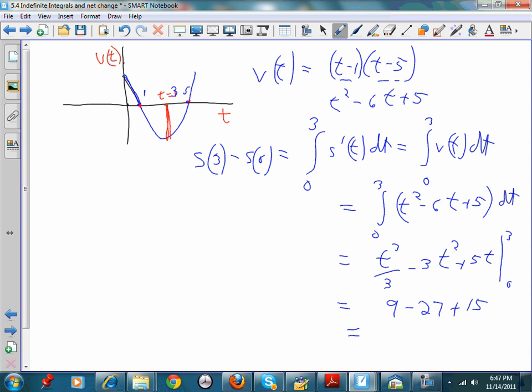And what's that going to be here? It looks like minus 3. What does that tell me? The particle from time 0 to time 3 has moved 3 units to the left. So at time equal to 3, the particle is sitting 3 units to the left of where it was at time equal to 0. This is a change in position.